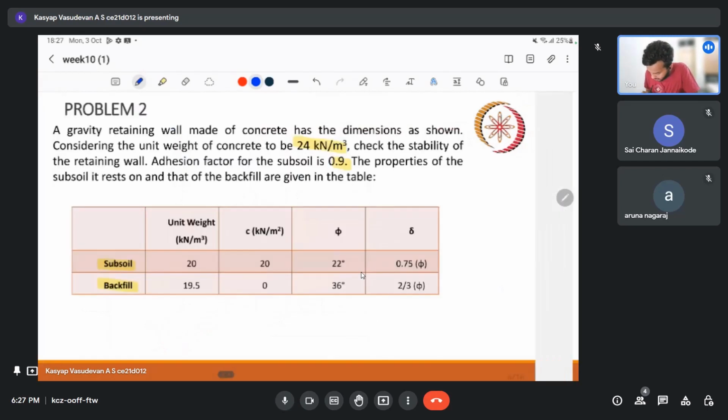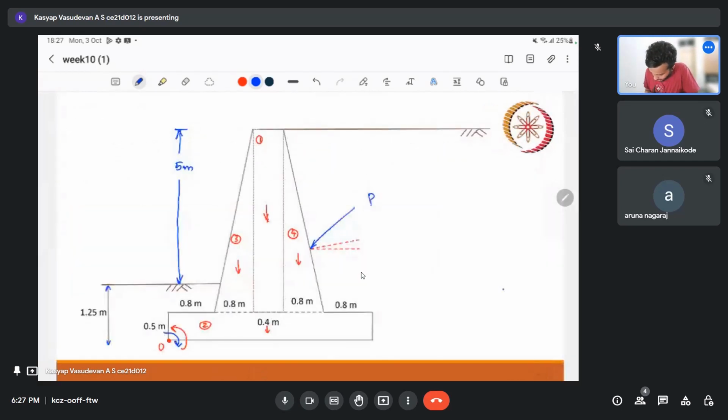It's like this, Pa, and this value will be delta, and this value is nothing but, if this is beta, this is our beta, and what else? Okay, so we can resolve this as two loads.